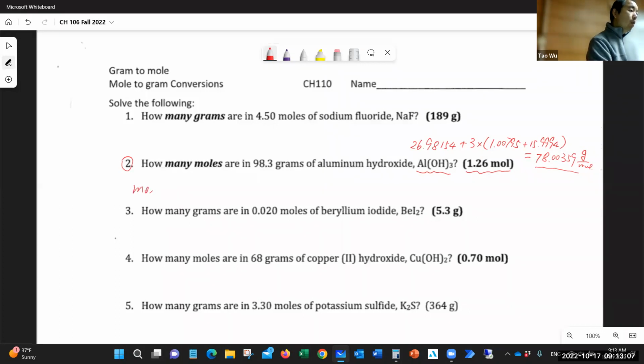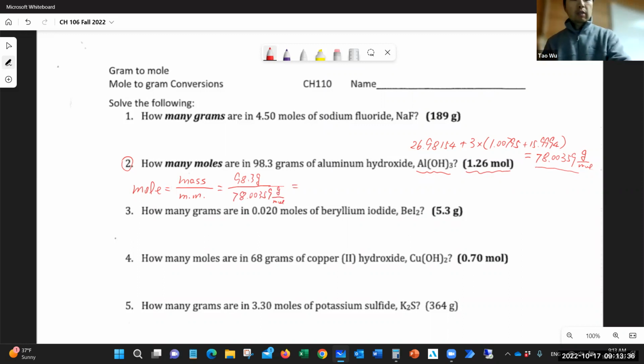Again, mole should be equal to mass over molar mass. So mass, we have 98.3 gram, and molar mass is 78.00359 gram per mole.